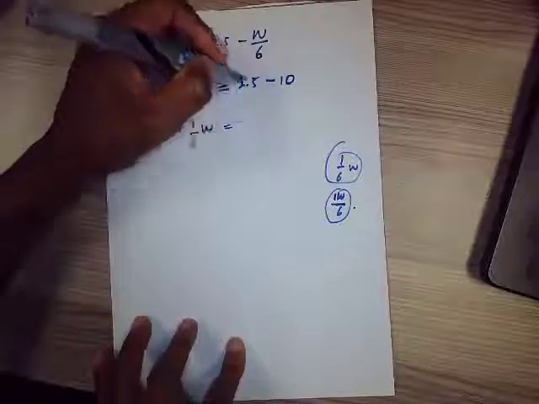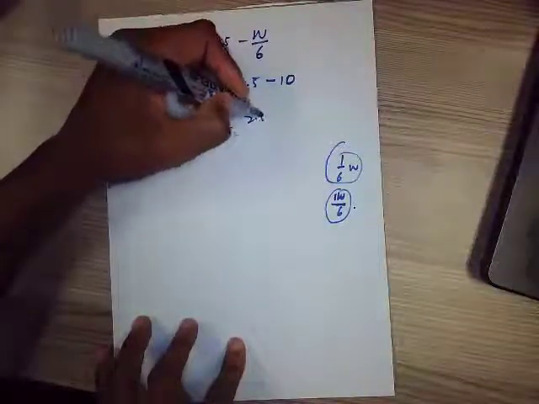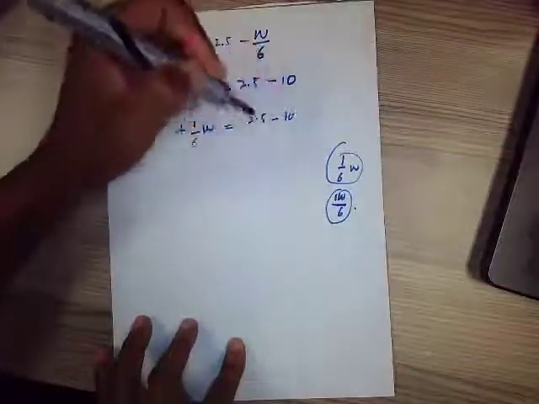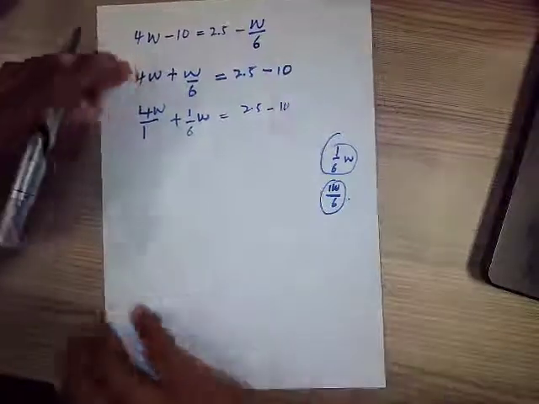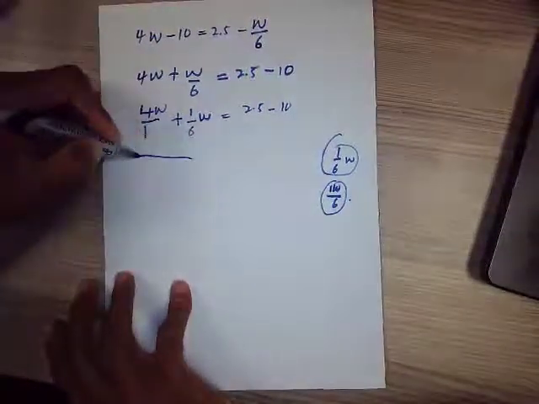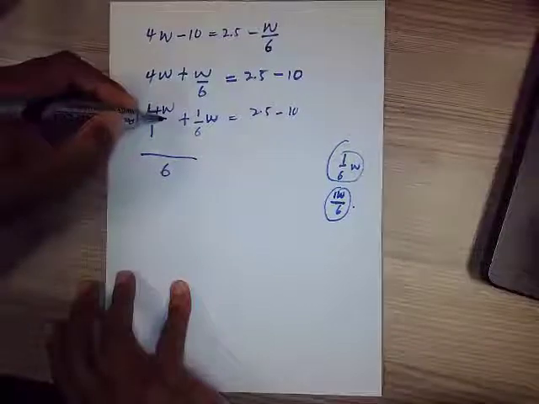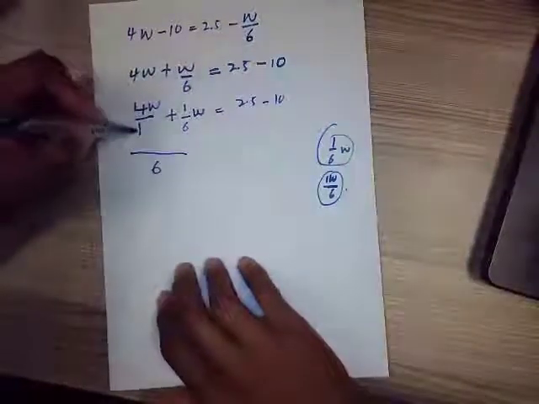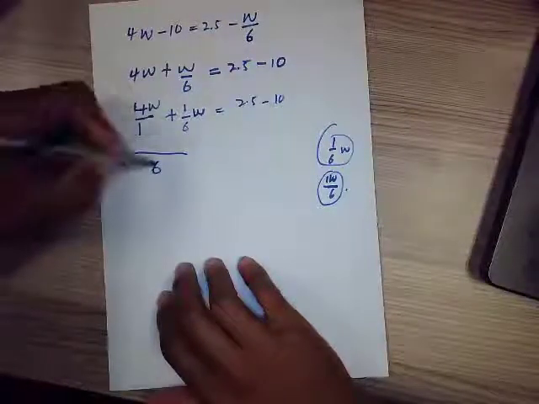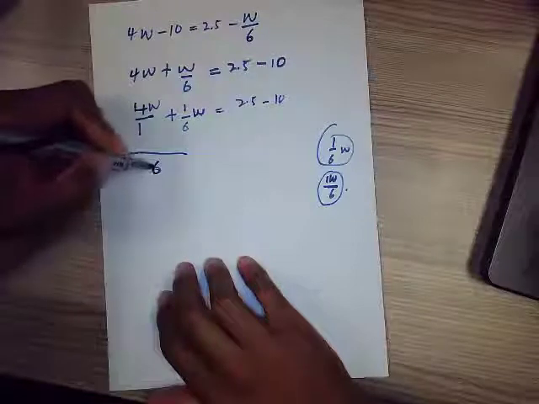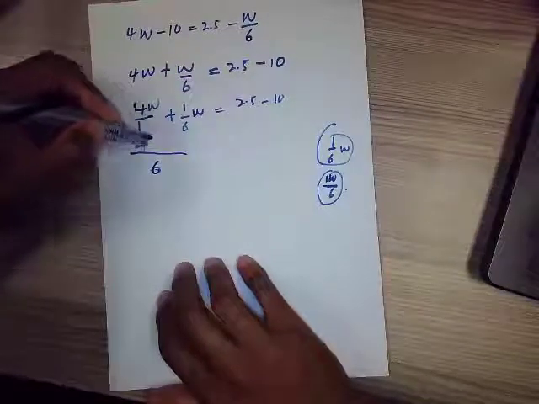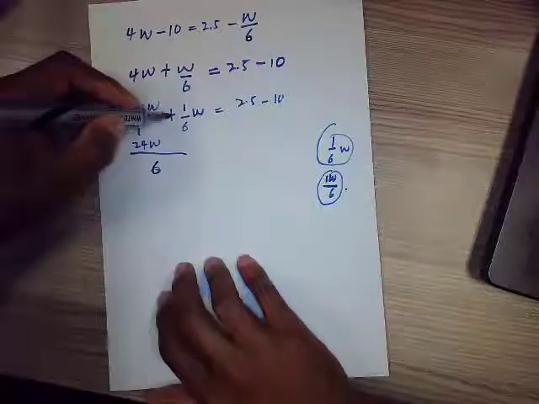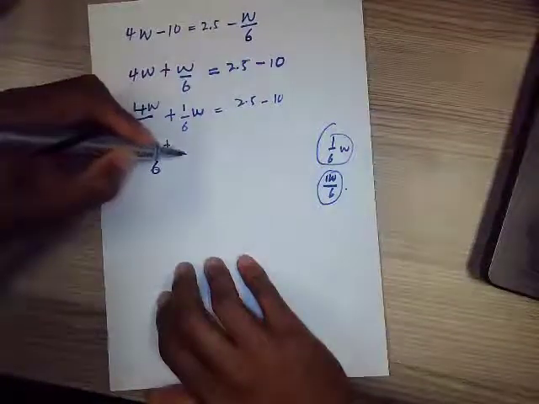So here we'll deal with this one a bit later, minus 10, right? So 6, 1 into 6 times 4, 24w. We take the sign down as it is.